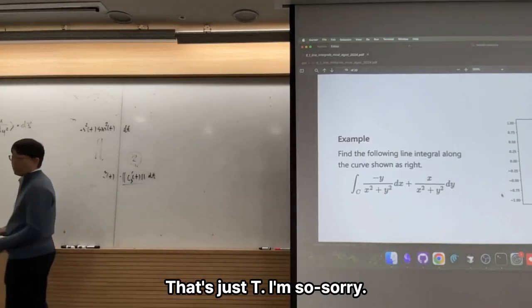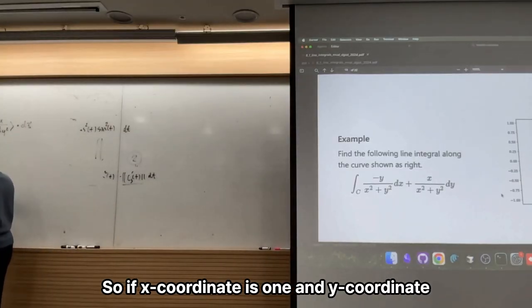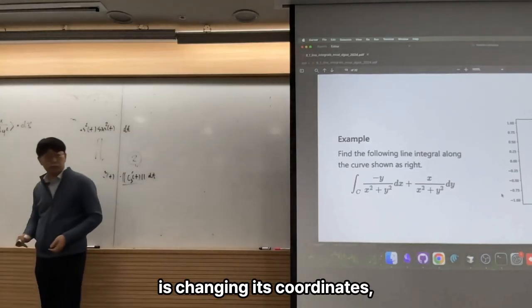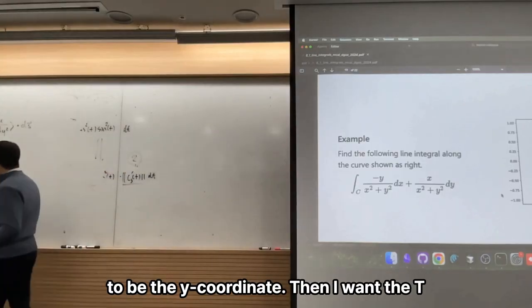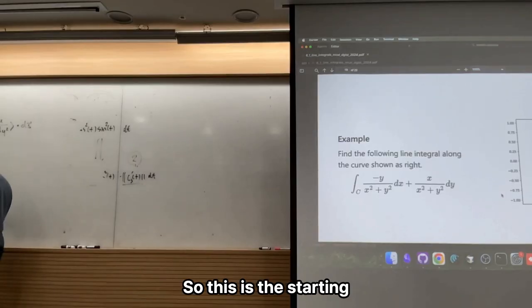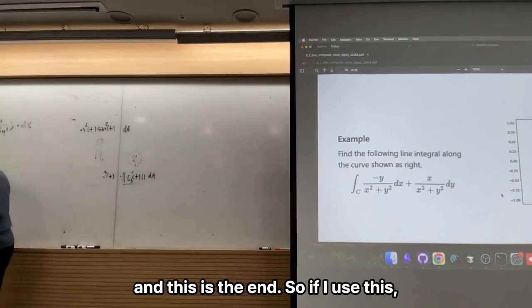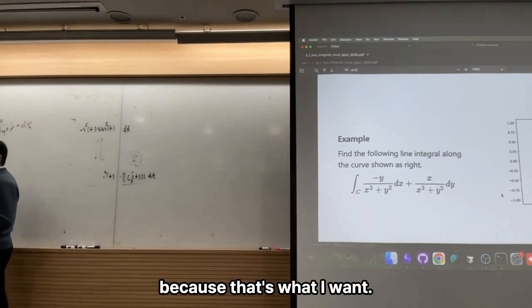That's just t. So the y coordinate is 1, and the x coordinate is changing. Let's call t the x coordinate. Then I want t to change from 1 to minus 1. So this is the starting and this is the end. If I use this, then the starting goes to the right and the end goes to the left. That's the orientation I want.